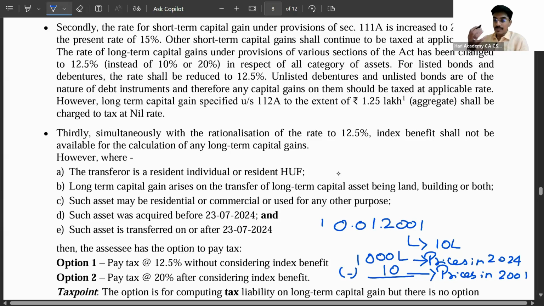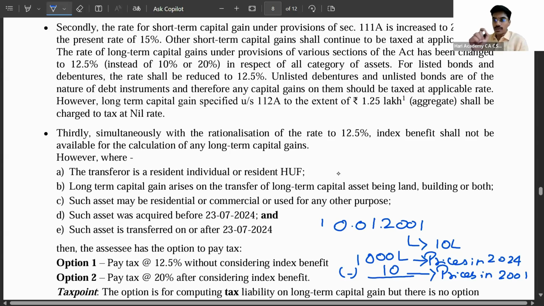So my purchasing power, whatever was there for 1 rupee in the year 2001, does not remain the same even in 2024. The purchasing power of rupee 1 in 2001 is not the same as the purchasing power of that rupee in 2024.